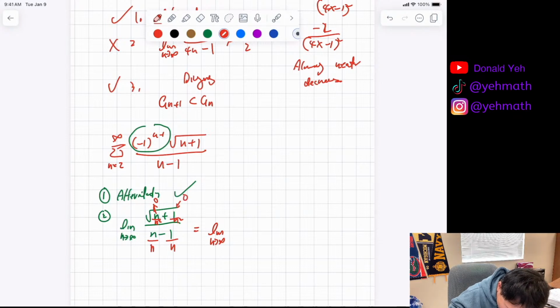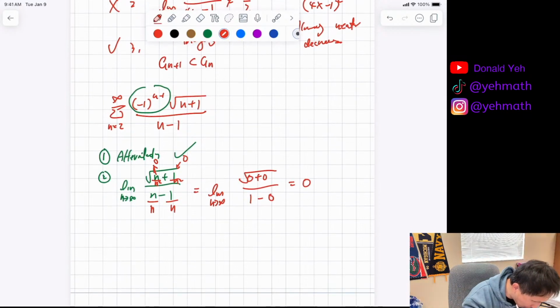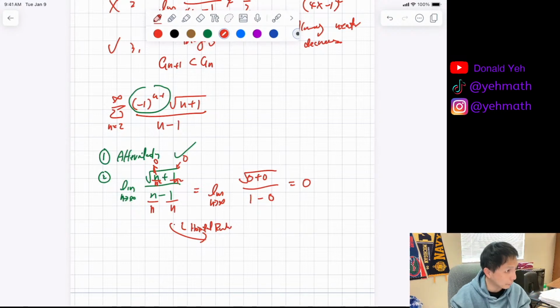Bottom is going to be 0 plus 0, square root of 1 minus 0. So is that going to be what? 0. Can you do L'Hopital's rule? Yeah, but it's a lot more work, because technically it's infinity over infinity. It's indeterminate.